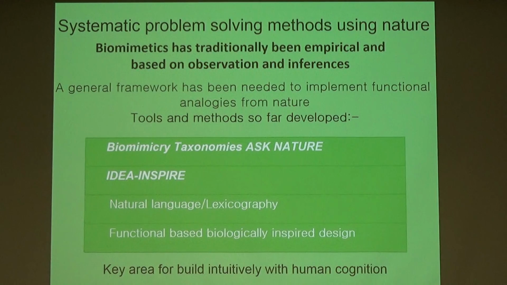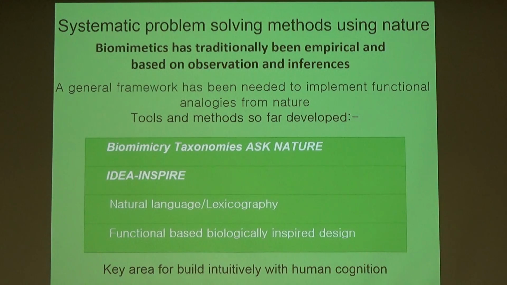So there is a systematic approach where they've developed tools, and this systematic approach is based on a framework. So it's actually a database of all the solutions that nature has come to resolution, has solved. As many as we are aware of right now, they're still adding to that framework.